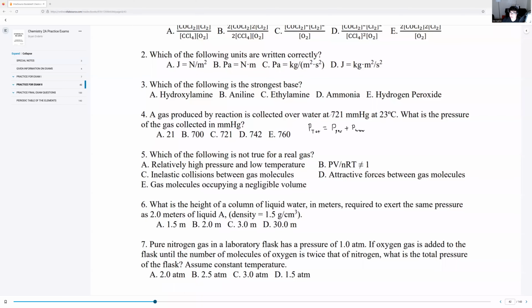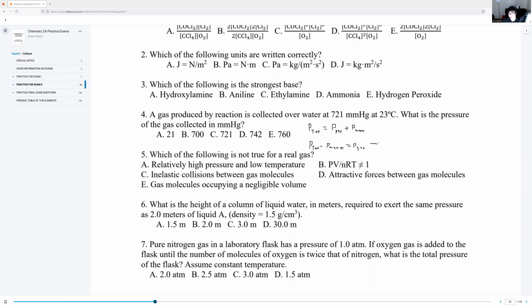So if I have to subtract the water here, if we plug in some stuff, we get 721 mmHg minus the pressure of water in mmHg is equal to the pressure of gas.